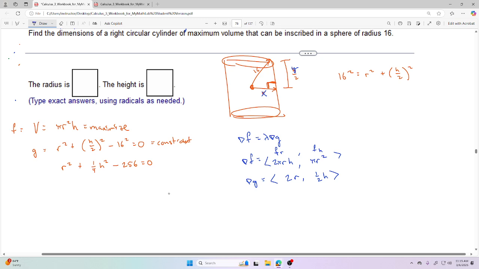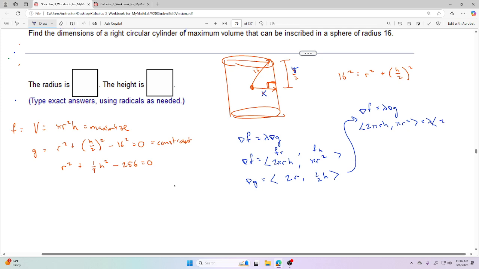So let me just use this little bit of room, and I'm going to go back over there. So grad f is equal to lambda grad g. I'm saying the 2 pi r h, pi r squared is equal to lambda times that stuff.